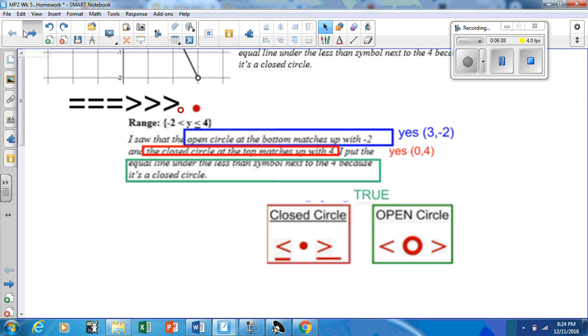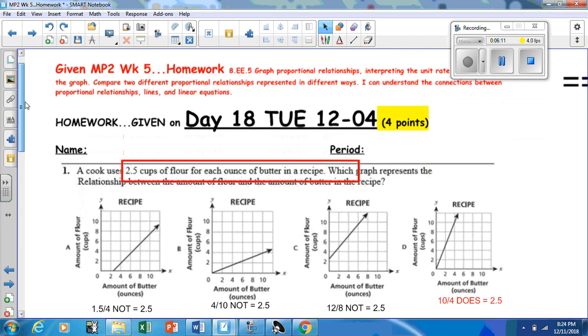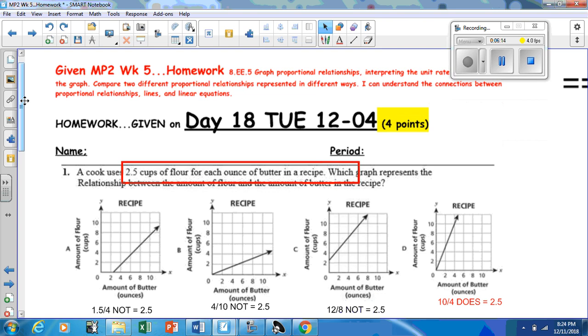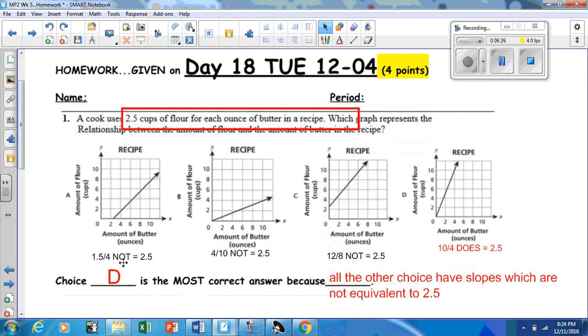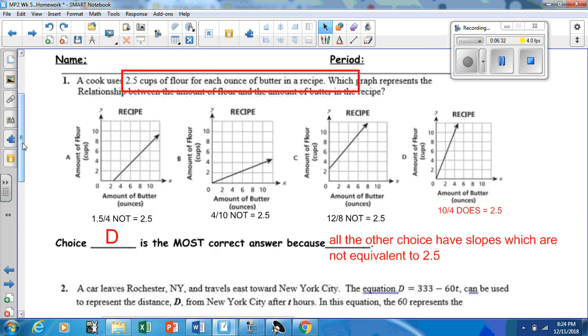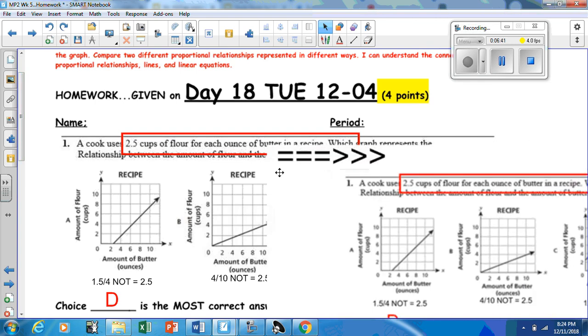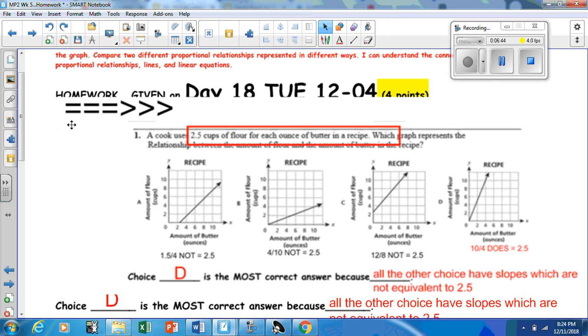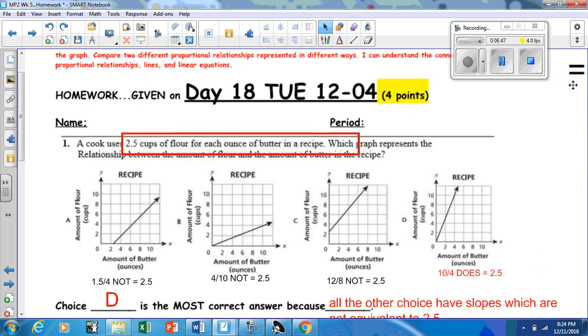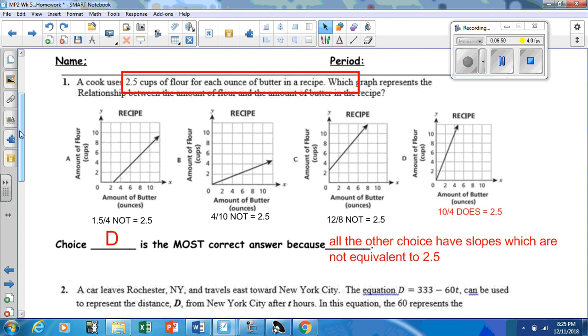What we wanted to do is have you understand that if I look at specific places, so if I start at 1.5, there I am, and that corresponds with 4. That fraction is not equal to 2.5.